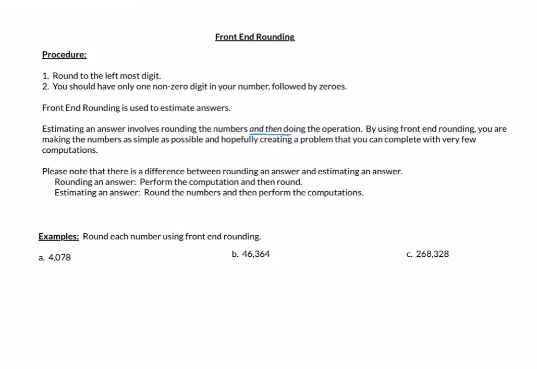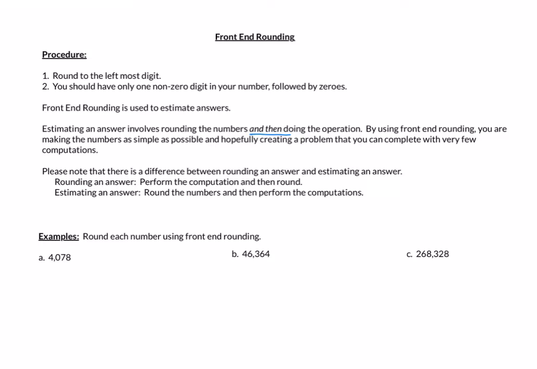Now, one thing to note is there is a difference between rounding an answer and estimating an answer. Rounding an answer means that you always perform the computation and then round. Estimating an answer means you round the numbers and then perform the computations.